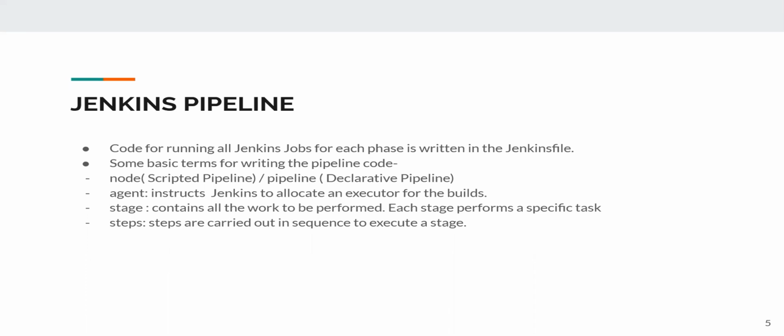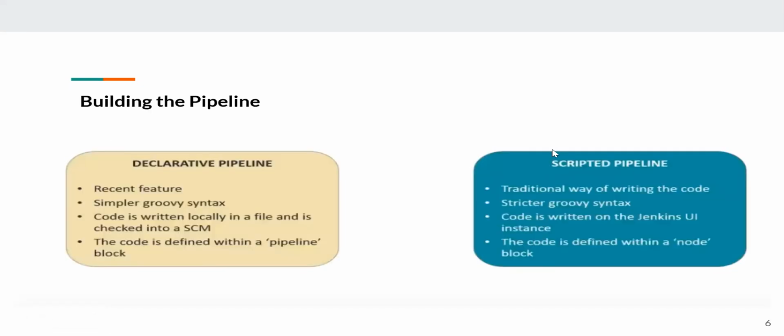There are two ways to build a Jenkins pipeline. You can build it locally in your system, and this is known as a declarative pipeline. You create a file known as a Jenkinsfile, the code basically starts with pipeline, and you then push this code to a version control system. This is one way to do it locally.